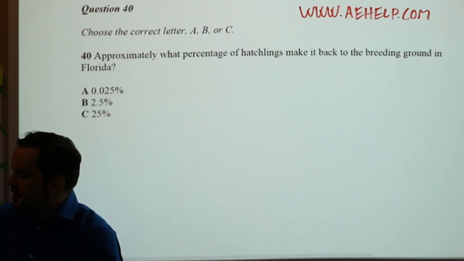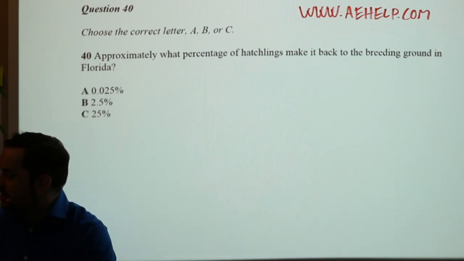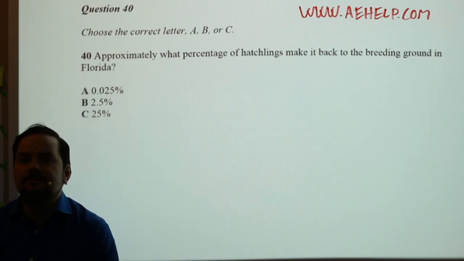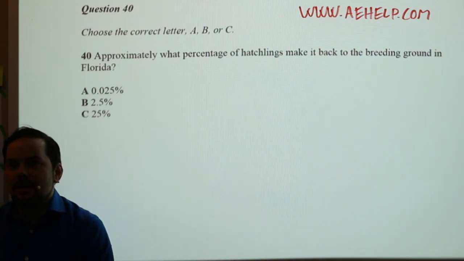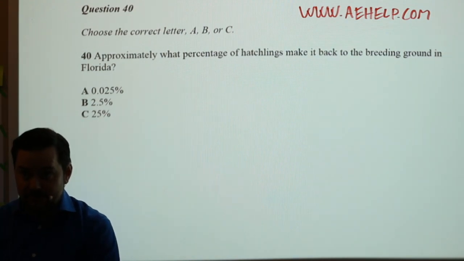All right, question number 40. Approximately what percentage of hatchlings make it back to the breeding ground in Florida? So last question for this listening. The answer for this one is, great job, Raya. I think you got a very good score on this one. Yes, it is A. Kunz gave us the information from the listening.